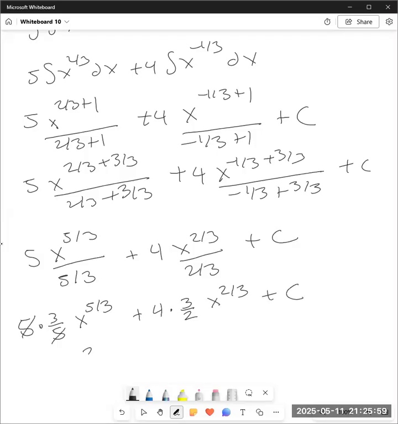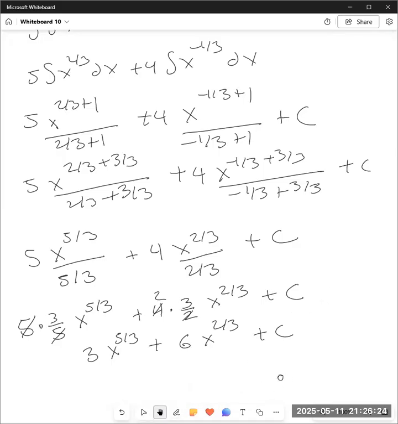5s will cancel, leaving me with 3x to the 5/3 plus 2 will go into 4 2 times. 2 times 3 is 6. x to the 2/3 plus c. Now remember, we had everything over a common denominator before of the cube root of x.